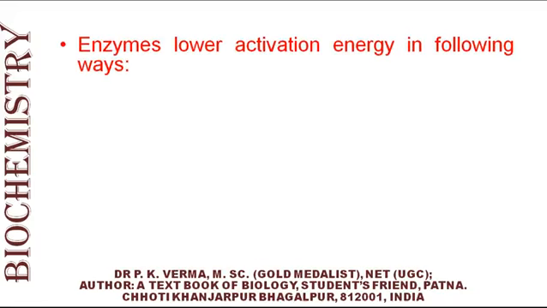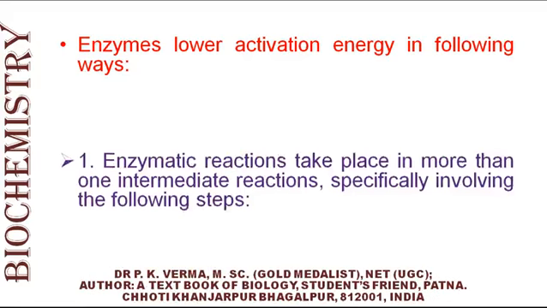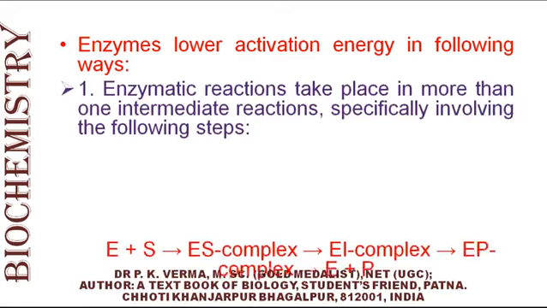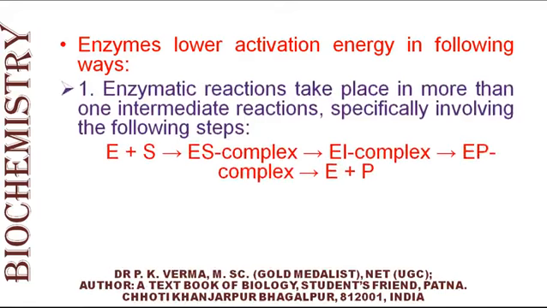Enzymes lower activation energy in the following ways. Number 1. Enzymatic reactions take place in more than one intermediate reaction, specifically involving the following steps. At first, the enzyme binds with the substrate to form an enzyme-substrate complex. Now the substrate changes into an intermediate compound, forming an enzyme-intermediate complex.